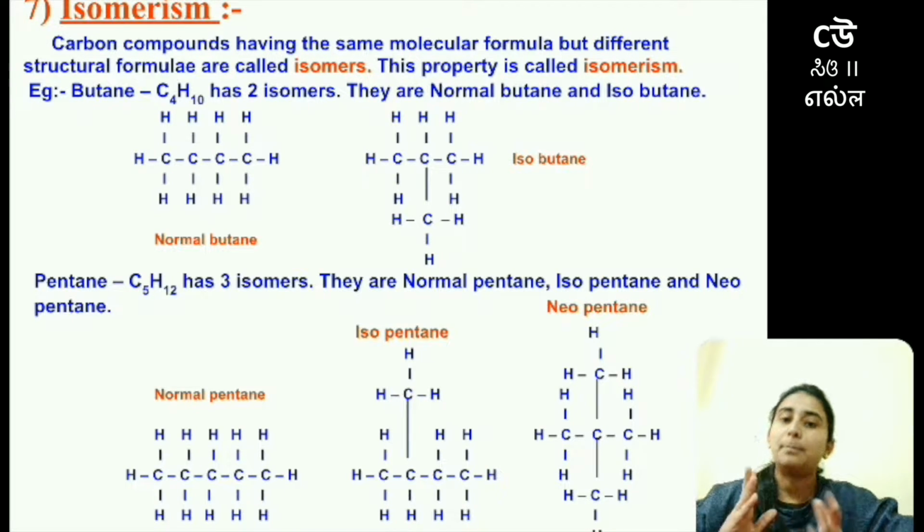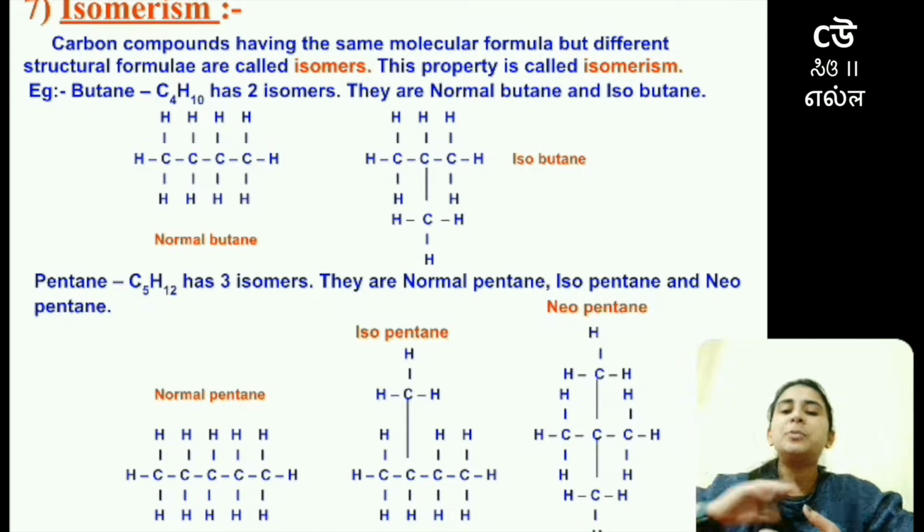normal butane. But on the other hand, अगर हम बात करें what is isobutane? Isobutane means again it will have same carbon and hydrogen atom, but the difference is here the arrangement of atoms are going to be slightly different.